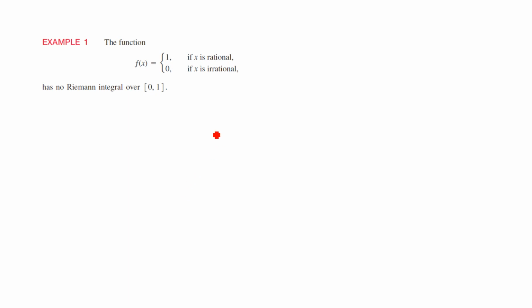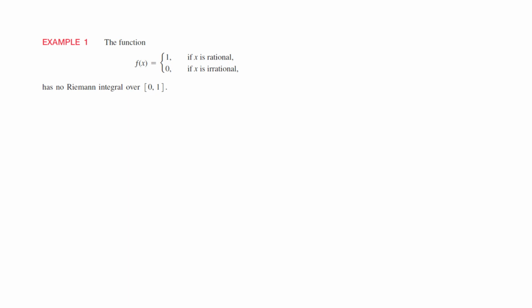Okay, so here is an example. The function f(x) is equal to 1 when x is rational, and is 0 when x is irrational. Now we have to prove that this function has no Riemann integral over the interval [0, 1].